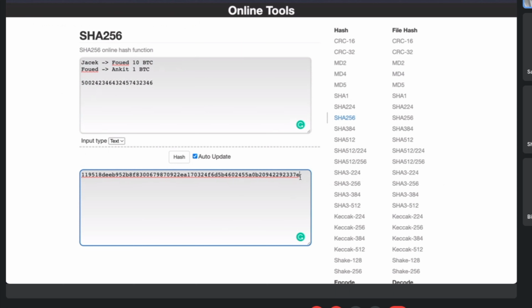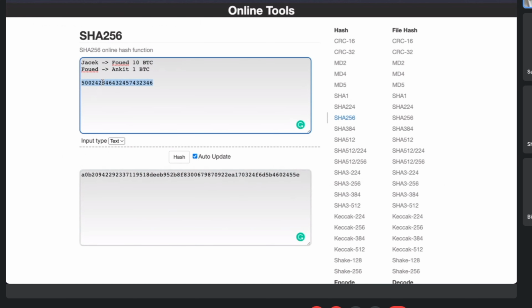But since the hash is not reversible, I cannot take 20 zeros, have here 5, and start guessing those things, because I'm not able to reverse. Hash function is not reversible. Now I know what you meant.